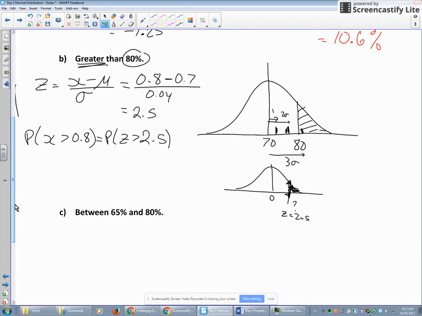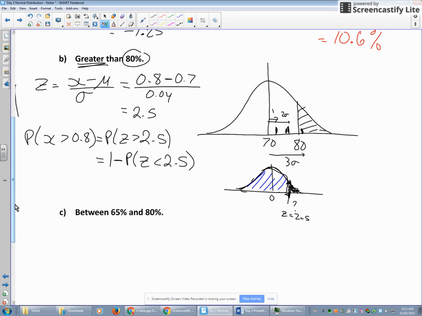So now we know that our z-scores are really telling us the areas below our value, and that all the areas under the curve have to sum to 1. So that's the same as 1 subtract the probability that my z-score is less than 2.5. So the whole area under the curve is 1, and 1 subtract this blue area is going to be the area above.